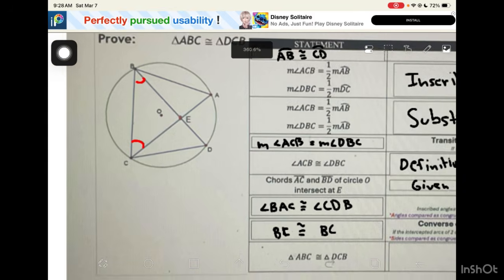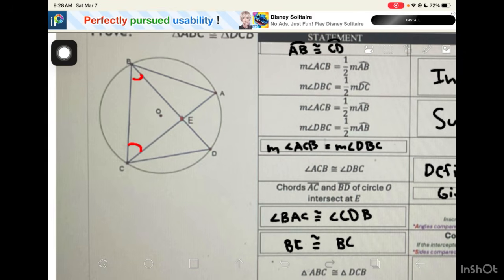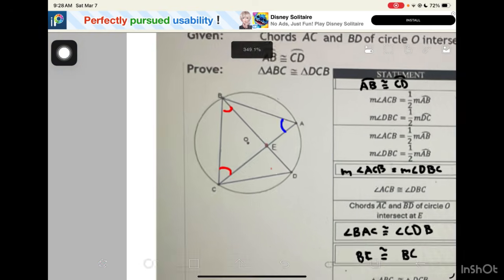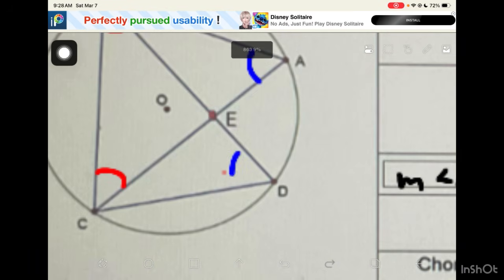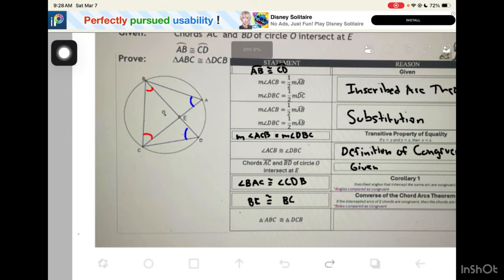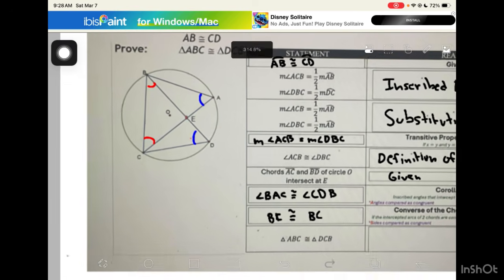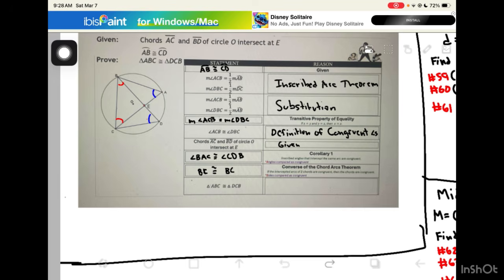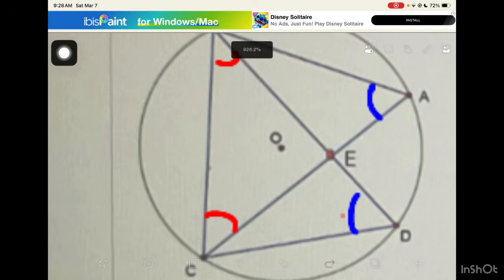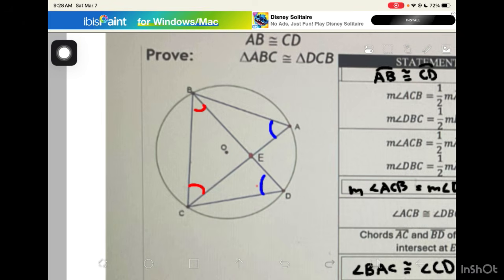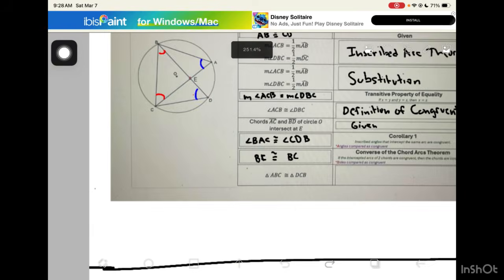And then we have BAC over here, and then CDB, and then BC is equal to BC. Okay, it's quite weird, but if I'm not mistaken, that's AAS, right? Yeah, AAS. It's very weird.